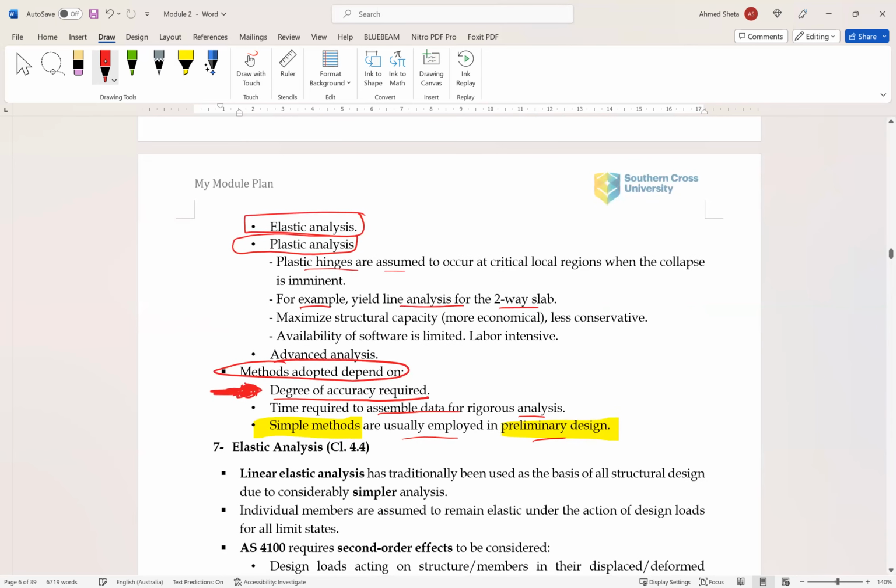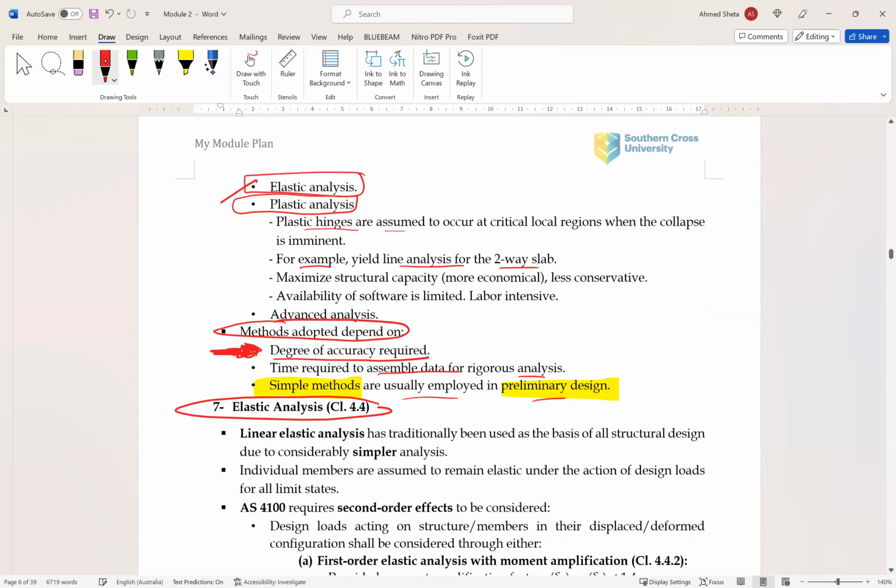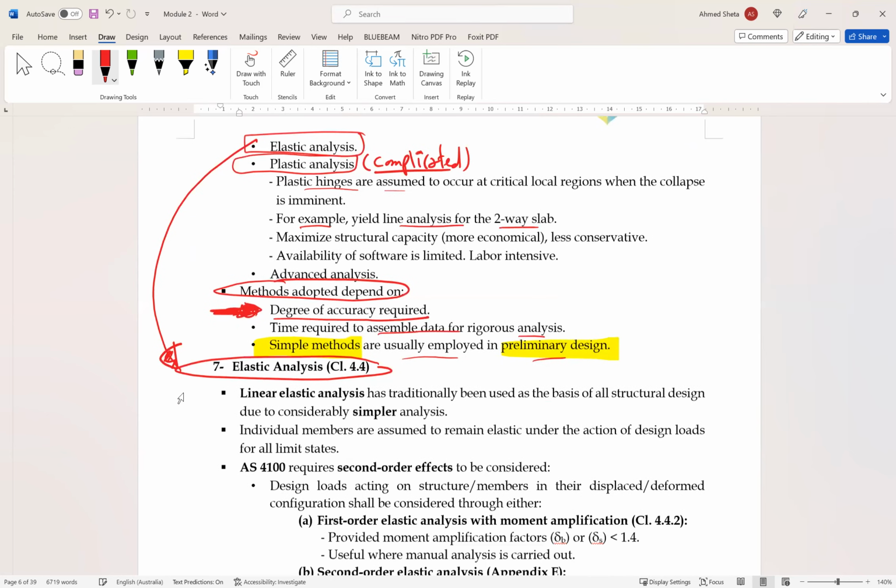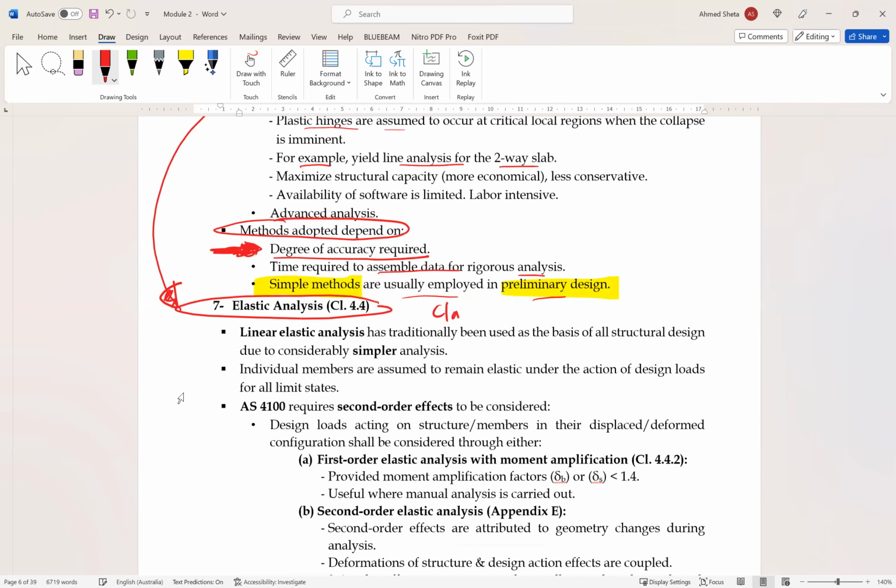Here, we will be using elastic analysis because plastic analysis is complicated. So in the normal design process, we use elastic analysis, which is clause 4.4 in AS 4100.